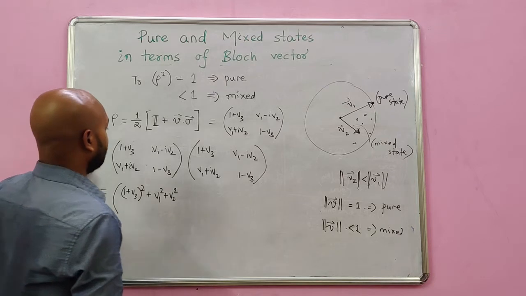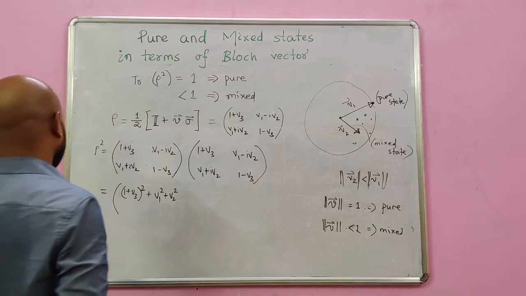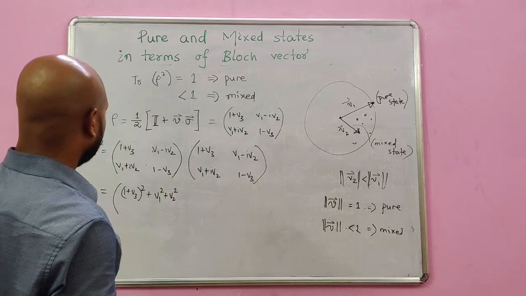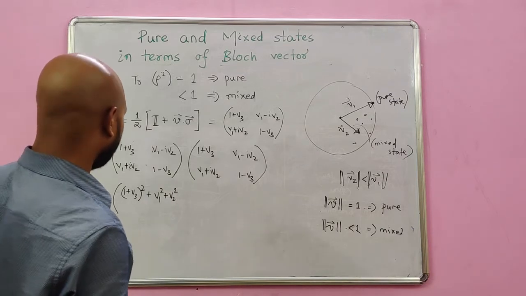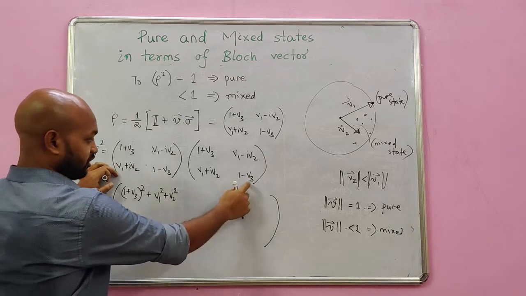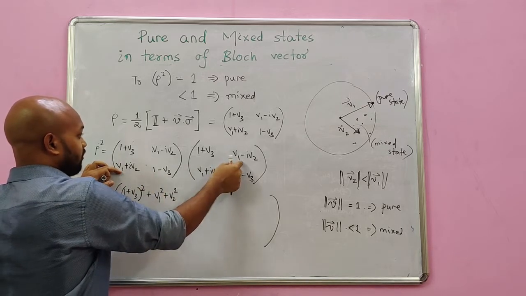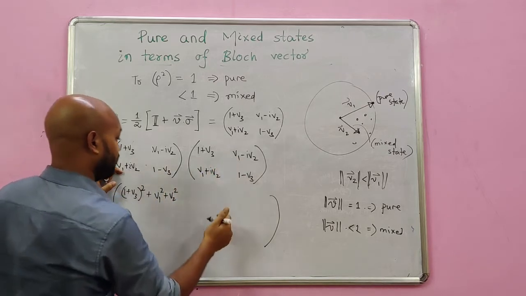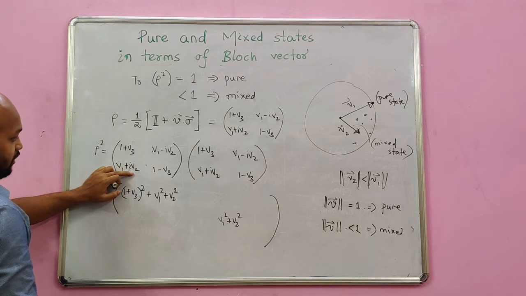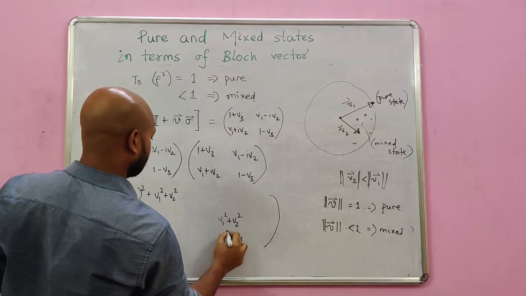Then we multiply this row with this column to obtain this term: V1 plus iV2 times V1 minus iV2 becomes V1 square plus V2 square, and then 1 minus V3 times 1 minus V3 becomes 1 minus V3 square.